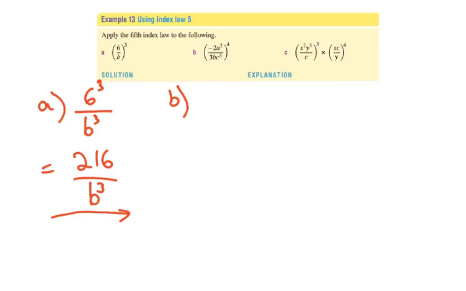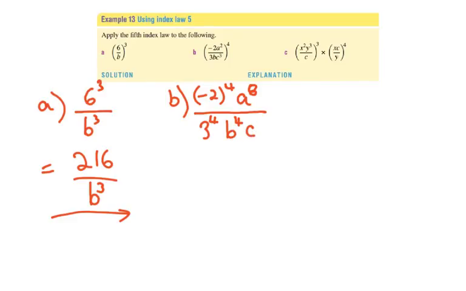Everything inside of that bracket is getting that negative 4 on the outside. So it's going to be negative 2 to the power of 4, a squared, so 2 times 4 gets me 8, 3 to the power of 4, b to the power of 4.